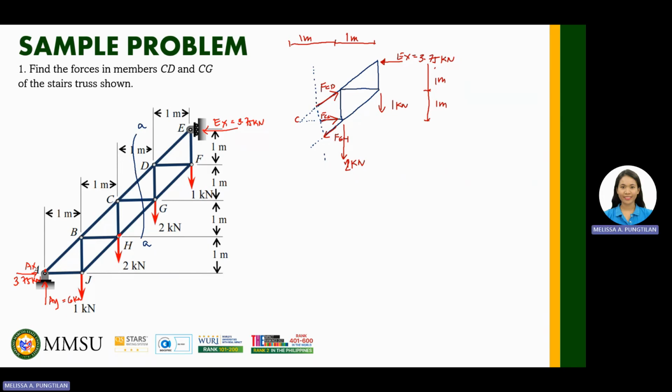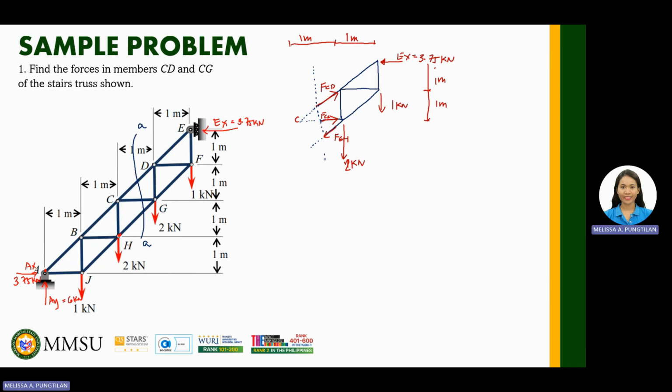These three members here are all diagonal. Or I mean, yes, this one, 1 and 2, diagonal siya. So, meron siyang x and y component, yung CD and GH. And then CG also has one component, the horizontal component. So, tatlo yung missing natin dito. And, pag i-apply natin ang summation of forces x and y, wala tayong makukuha. 2 equations and then 3 unknowns, right?